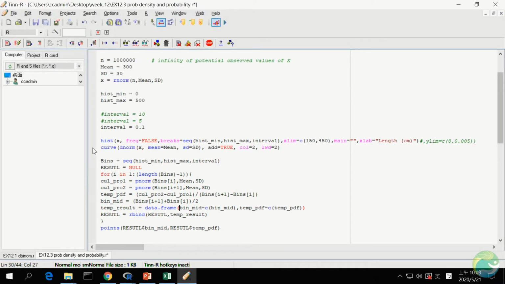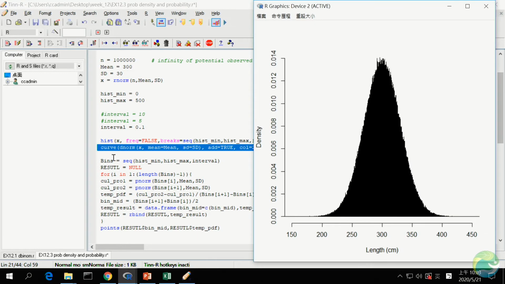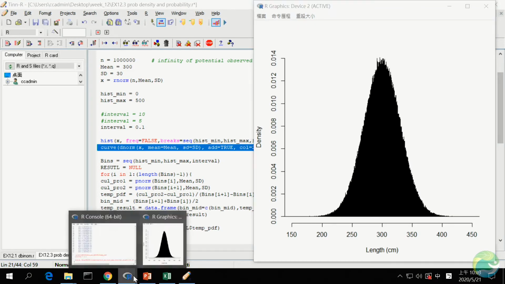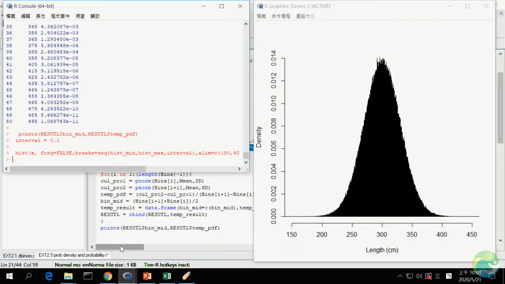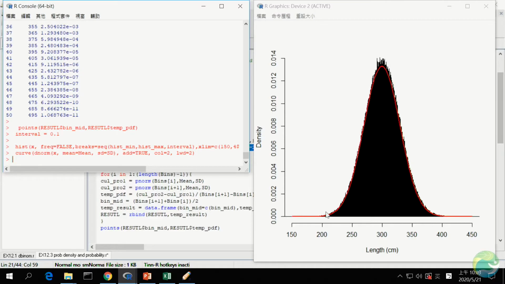And this is the built-in PDF from the definition, right? So as I told you, when the bin is very small, it tends toward the continuous case, right?